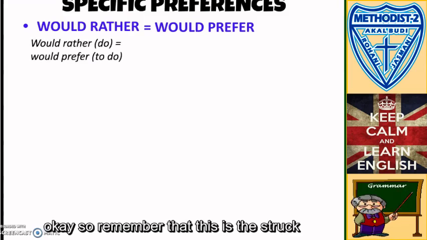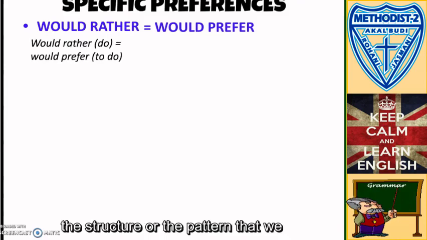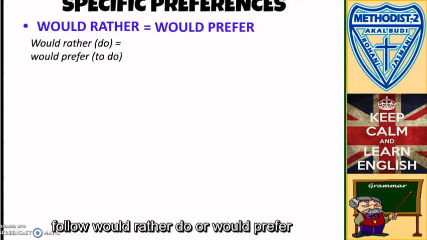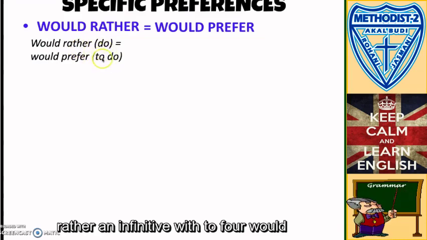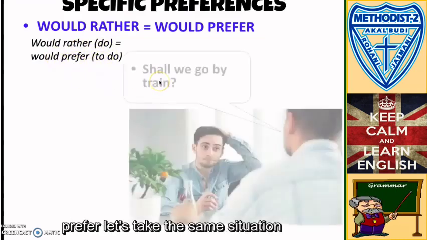So remember that this is the pattern that we follow: would rather do, or would prefer to do. So infinitive without to for would rather and infinitive with to for would prefer.